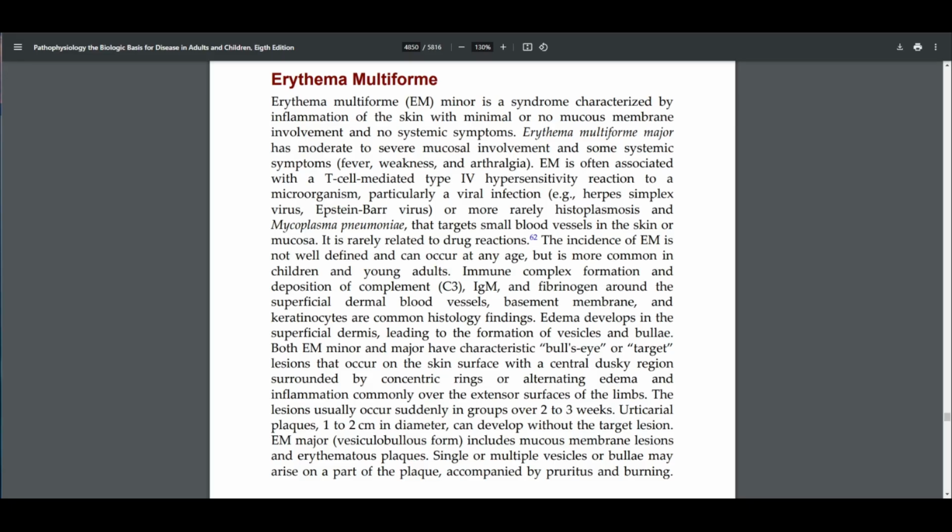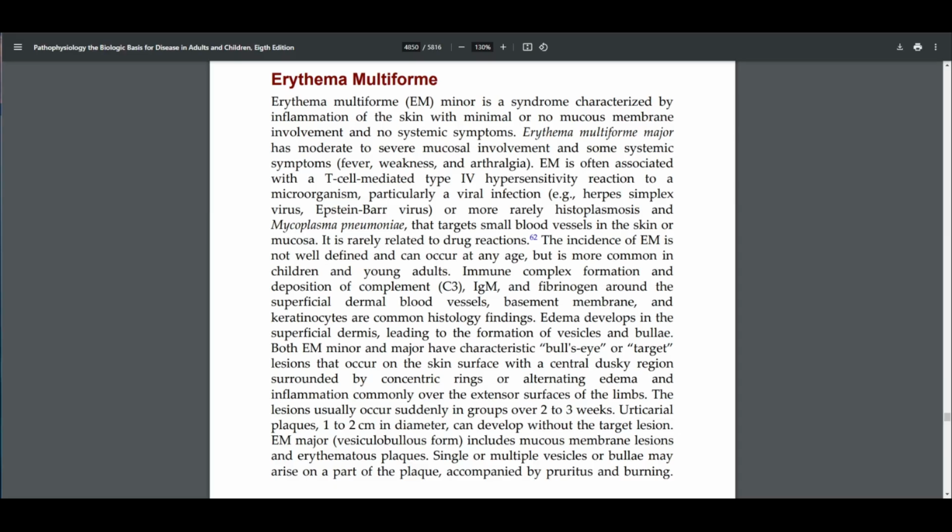The incidence of EM is not well defined and can occur at any age, but is more common in children and young adults. Immune complex formation and deposition of complement, IgM, and fibrinogen around the superficial dermal blood vessels, basement membrane, and keratinocytes are common histology findings.